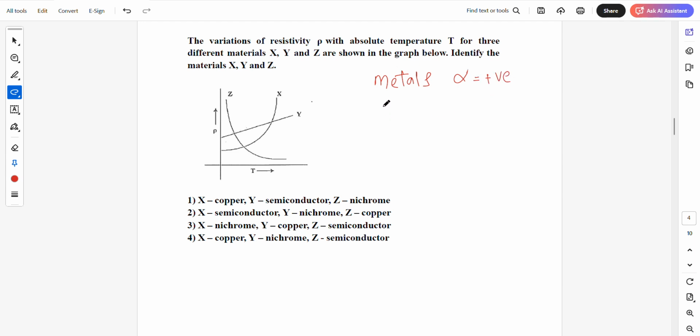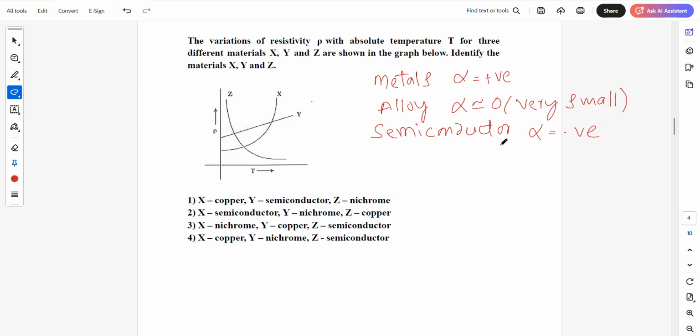In case of alloy, alpha is approximately equal to 0, very small. In case of semiconductor, to make you understand very clearly, alpha, the temperature coefficient of resistance, is negative.